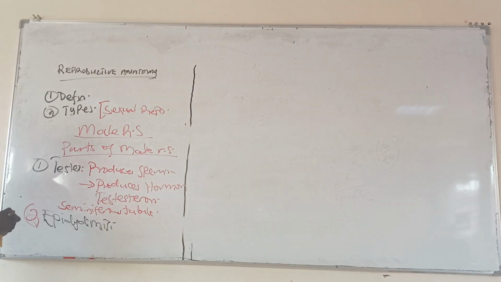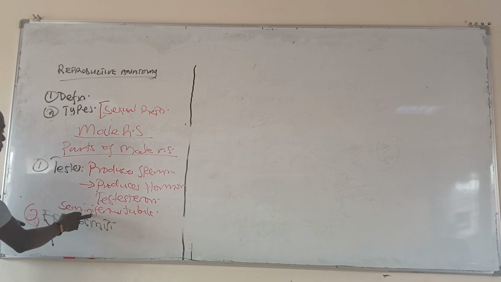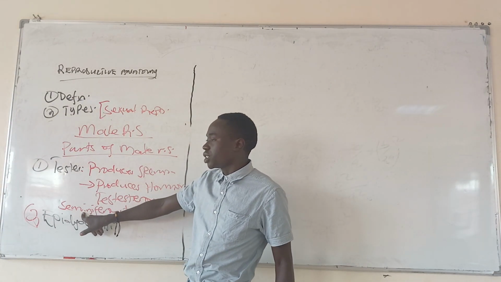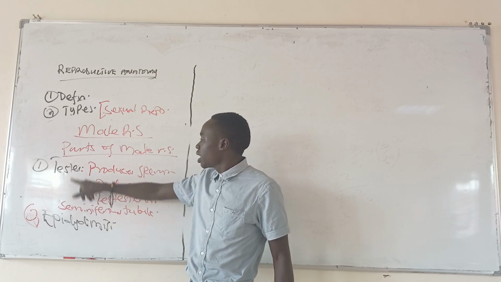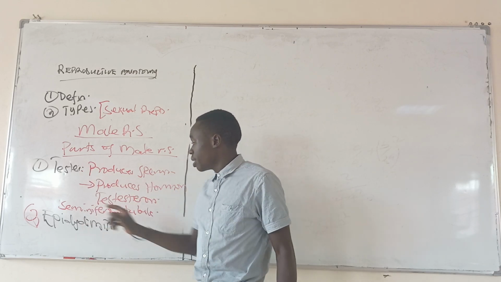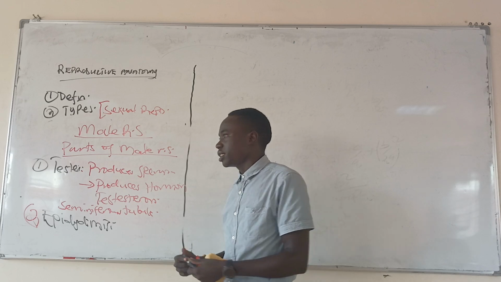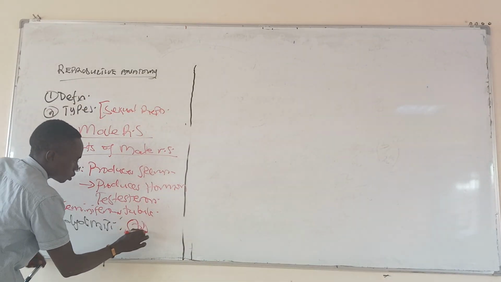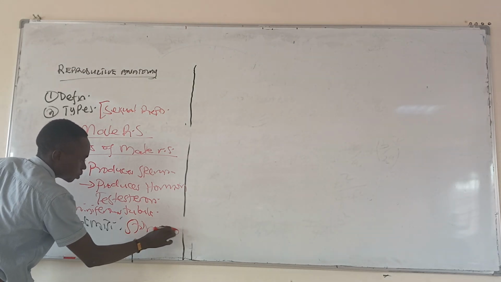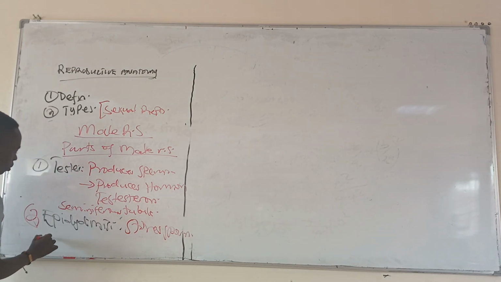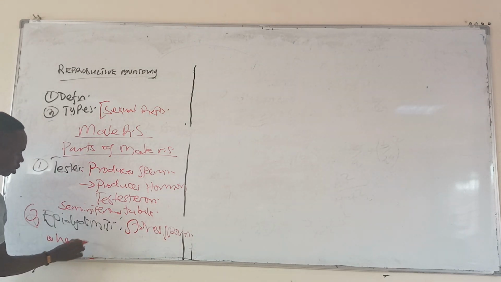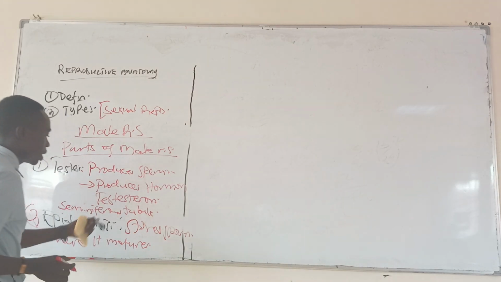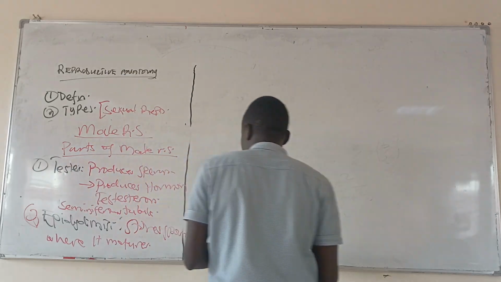The seminiferous tubule is found inside the testes and produces sperm. The sperm produced are stored in the epididymis, where they mature. So it is where the storage and maturation of sperm takes place.